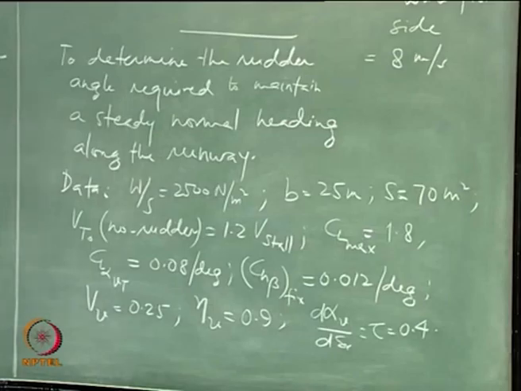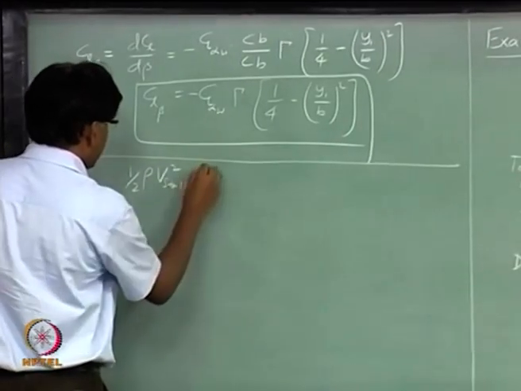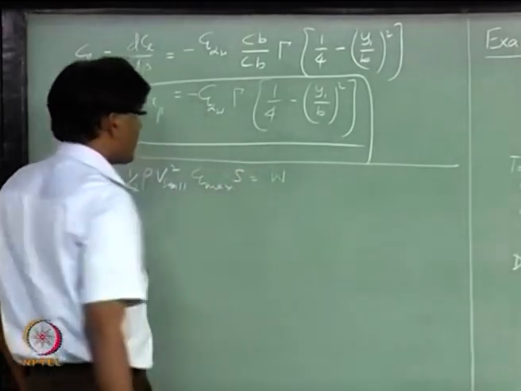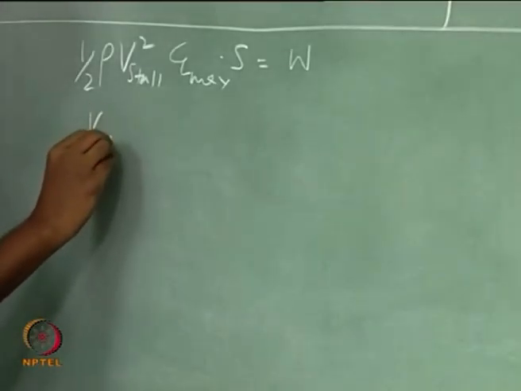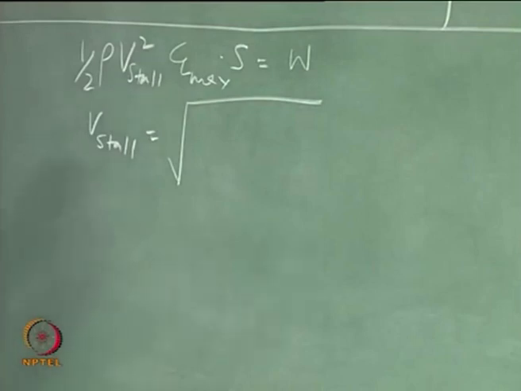For that I need to know first the velocity. So, how do I go about finding that? You know C L max, so you can find out what is V stall, and assume it to be at sea level conditions.